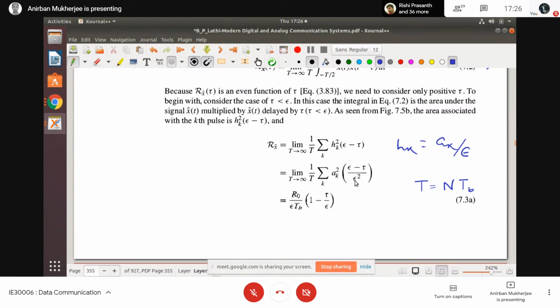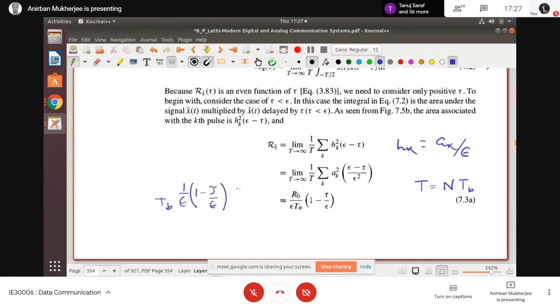Finally, what I am doing is the summation. If I do it like this, what will come? That means 1 by epsilon, 1 minus tau by epsilon, then the summation. Then T is n into Tb, so I write Tb.